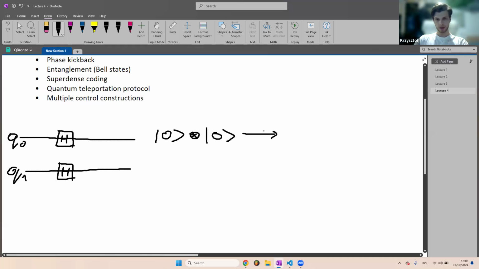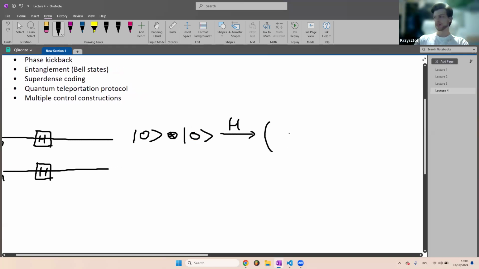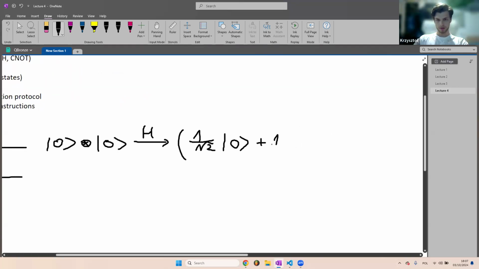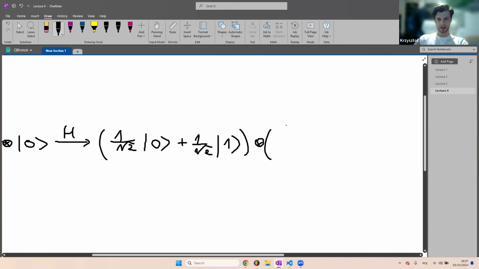As you may recall from yesterday's lectures, the Hadamard transforms the state 0 to the state 1 over square root of 2, 0 plus 1 over square root of 2, 1. And the same goes for the second qubit.